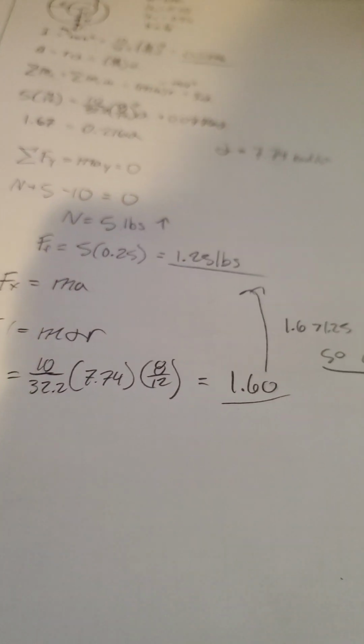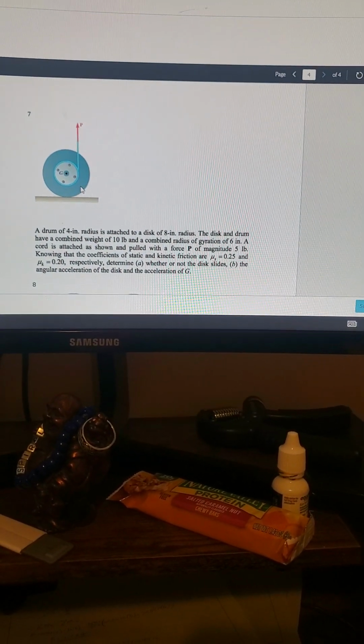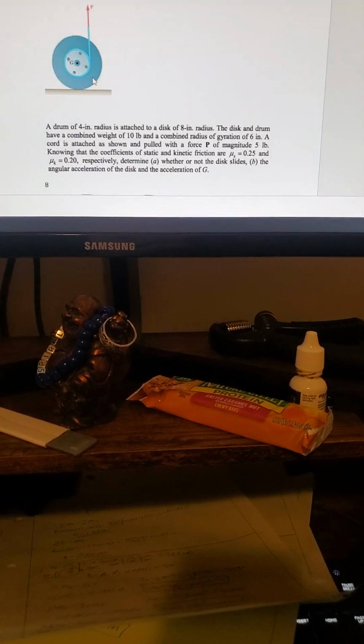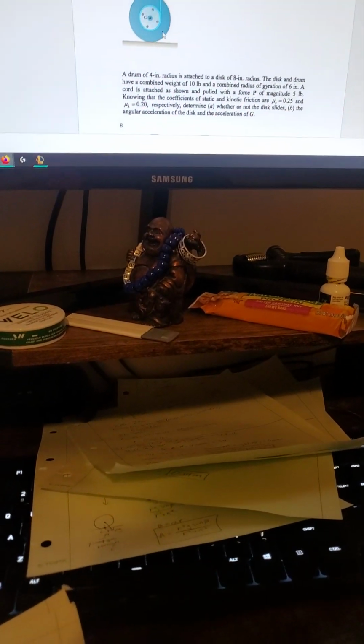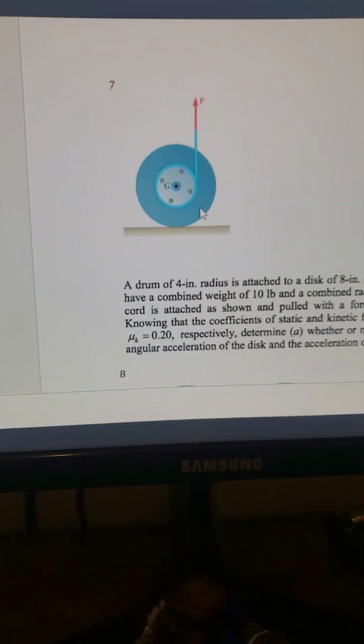So pretty simple. For 7, this one is another drum one. We're looking for whether or not the disk slides, the angular acceleration of the disk, and the acceleration of G. So basically how fast it's spinning and how fast G is moving upwards.